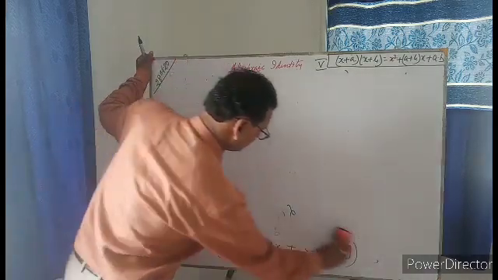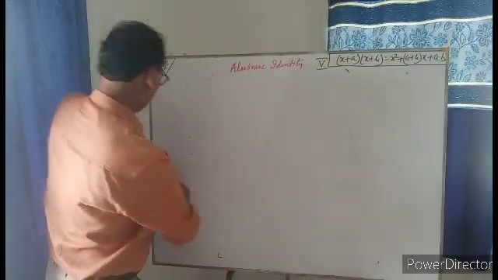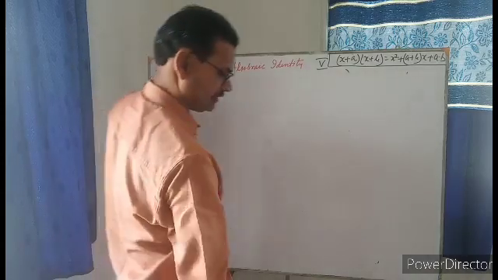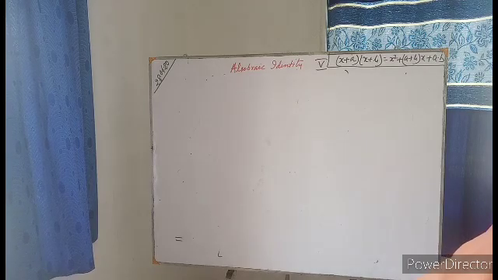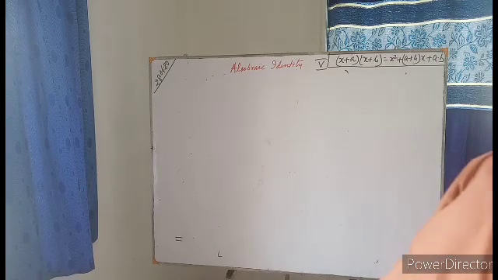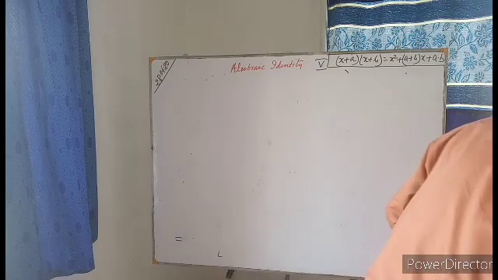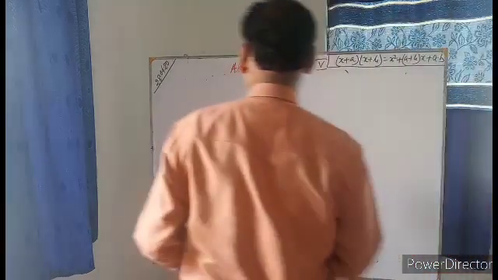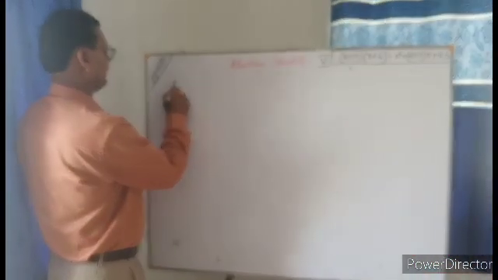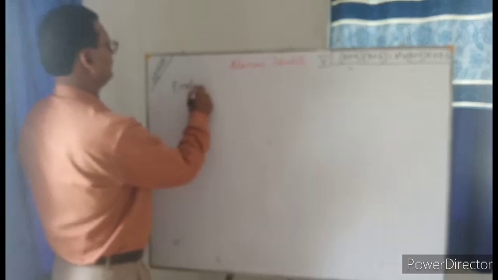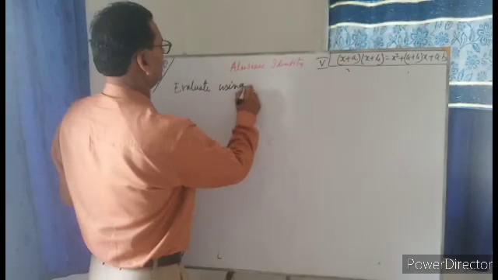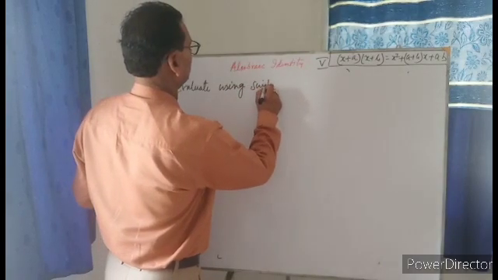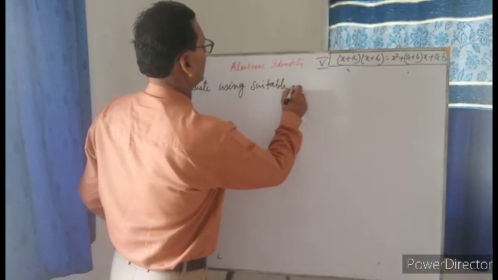Find the product using identity x square, x plus A into x plus B. Like this, one question is, by using a suitable identity, evaluate the following. Evaluate using a suitable identity.